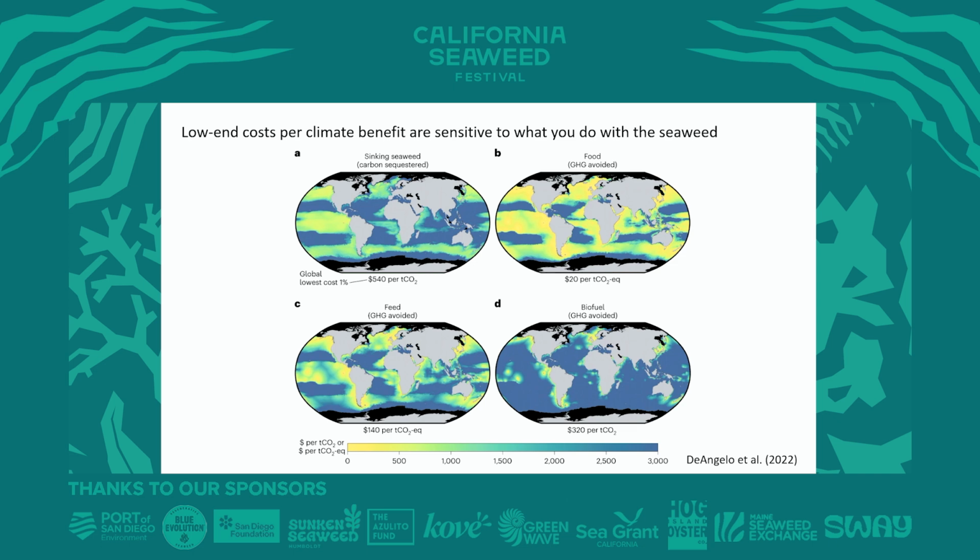You could offset other types of intensive greenhouse gas emissions with seaweed products that are lower greenhouse gas emissions, like in food and in animal feed, than the value you could get from sinking that seaweed to the bottom of the ocean. And that's even before we think about the environmental implications of sinking a bunch of seaweed to the bottom of the ocean.